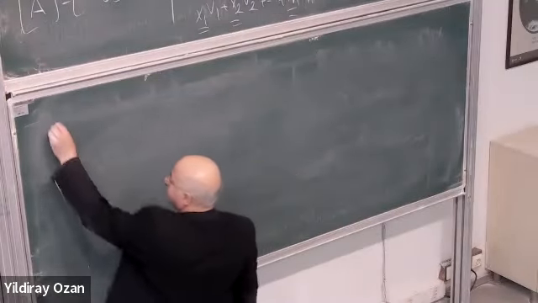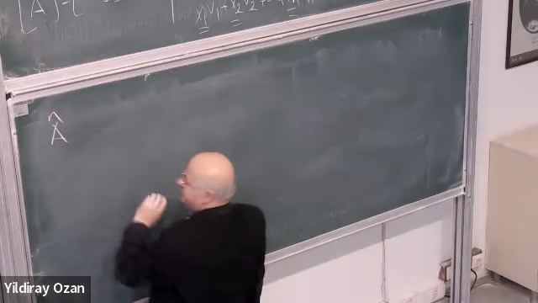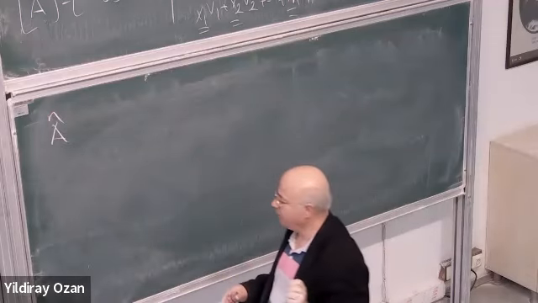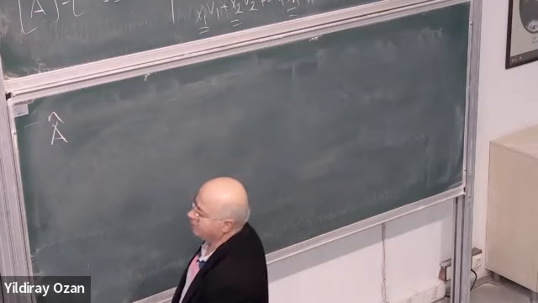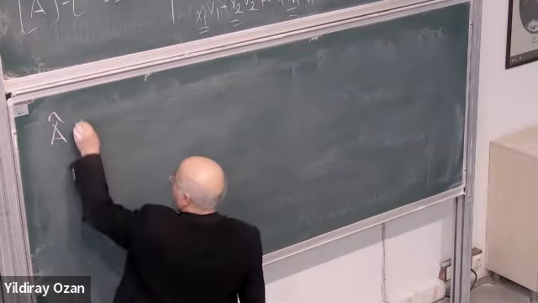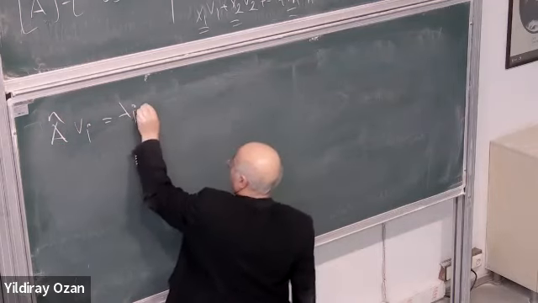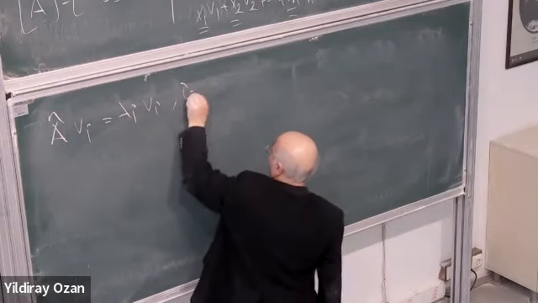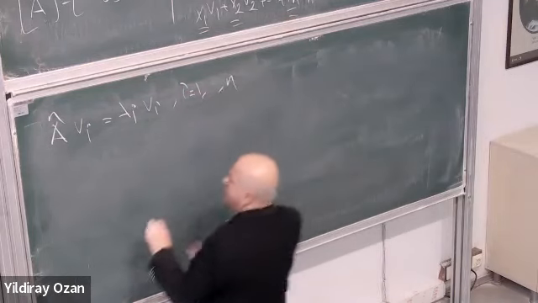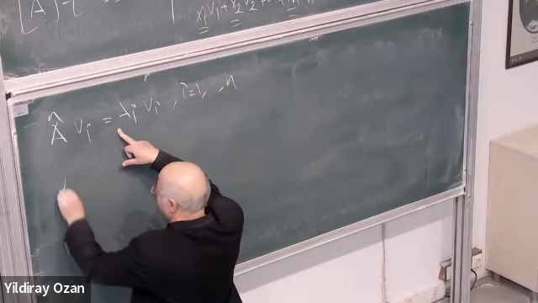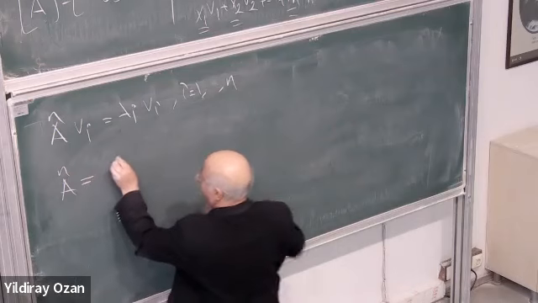How can we represent A hat as a tensor? Well, it sends Vi to lambda i Vi, with i from 1 up to n. So I can just write A hat like this then.